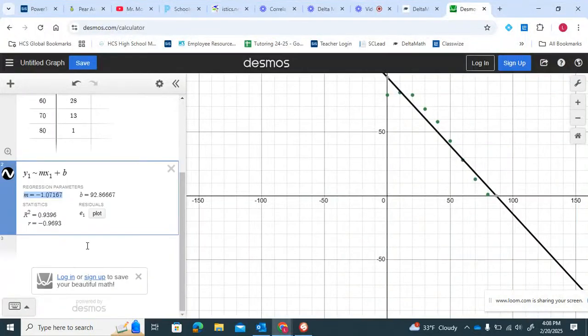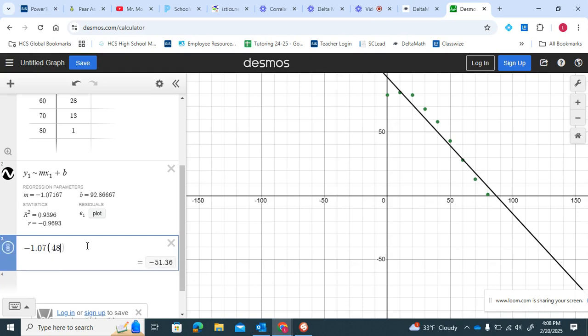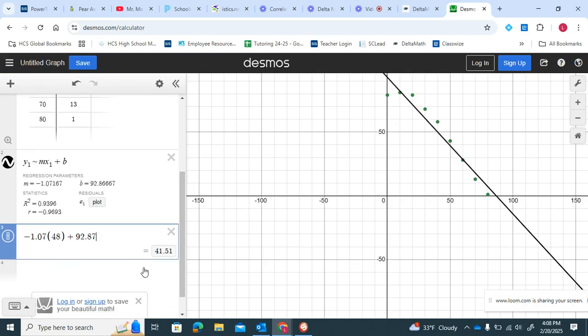Or you could plug it into your calculator. So you don't even have to include the y equals. You could just say negative 1.07, plugging in 48 for x, plus 92.87, and it's 41.51.